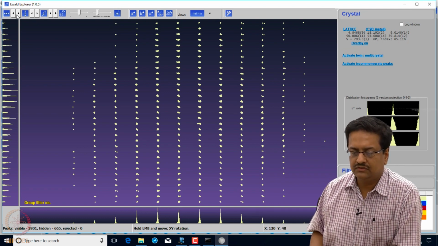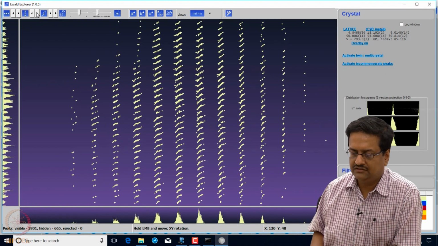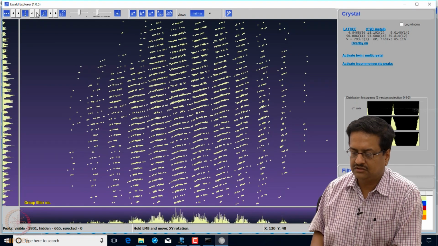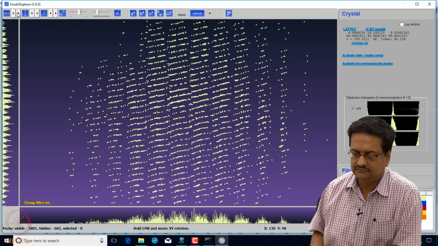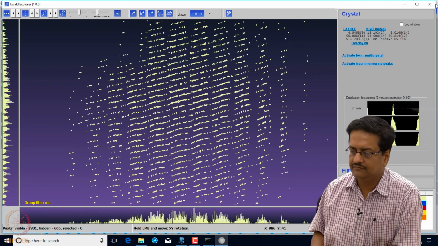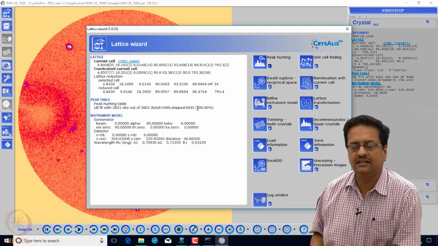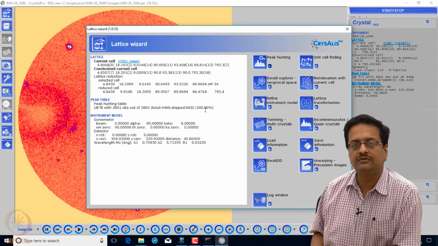Now if we rotate it slowly by X, slowly by Y, we can see that the spots from one side are matching with the spots of the other side, and they are always forming a line. So after removal of those 600 reflections, it has given you 100% indexed data.